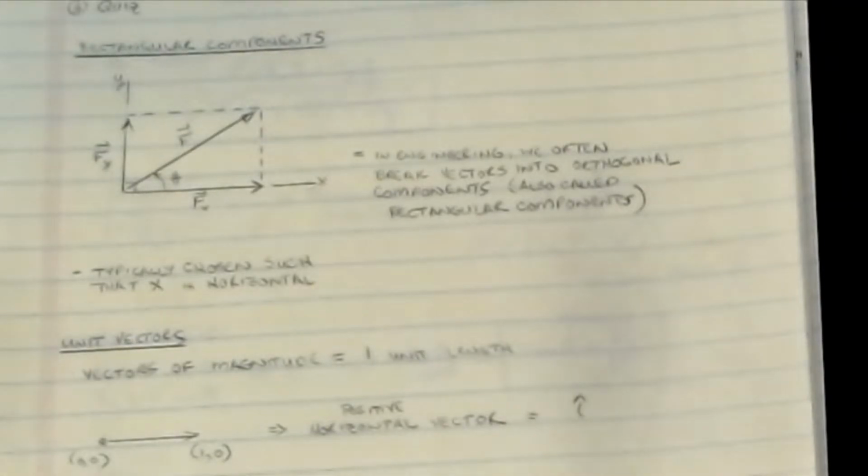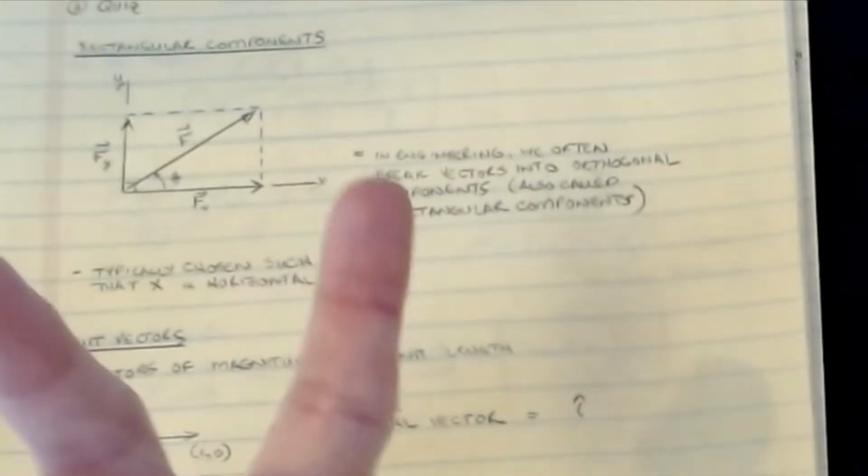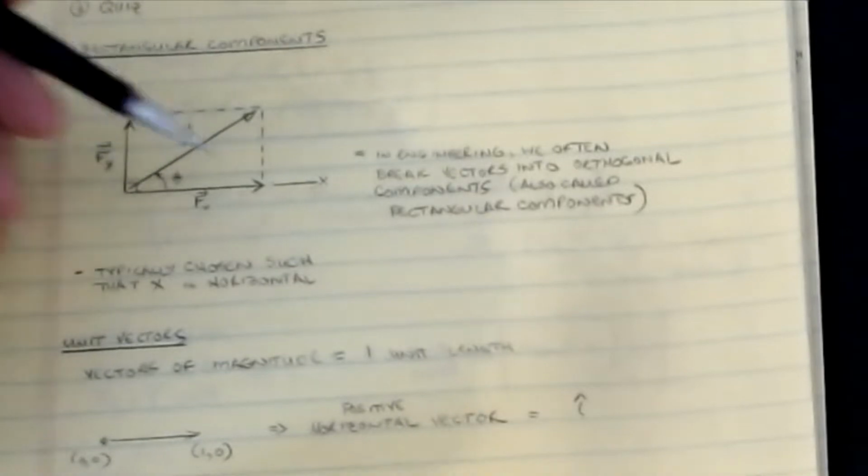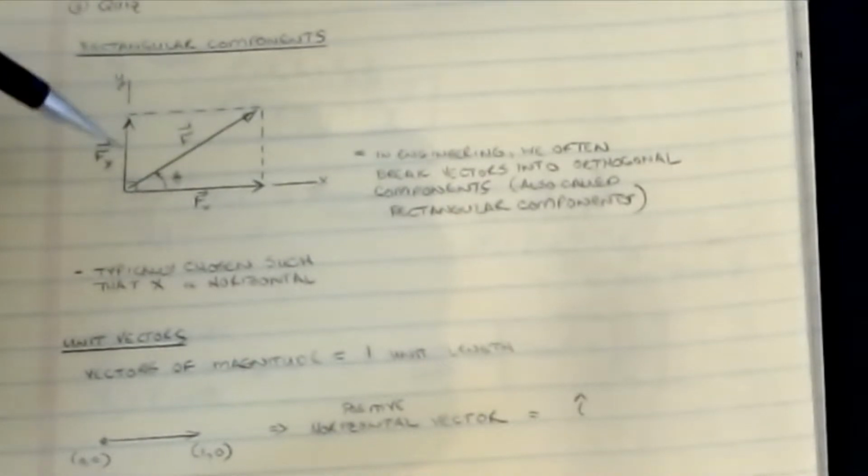To fully define this vector, if we deal with a parallelogram, a special case of that parallelogram is a rectangle, and it's very convenient because that aligns with our Cartesian coordinate system of x to the right, y up, and then of course z would be out of the paper if you go with the right-hand rule. We'll talk more about some of these sign conventions in a little bit.